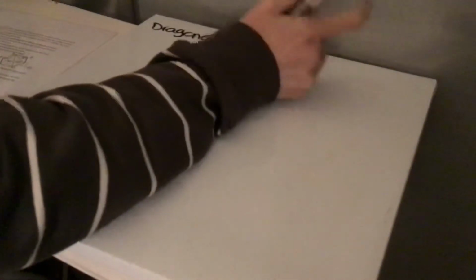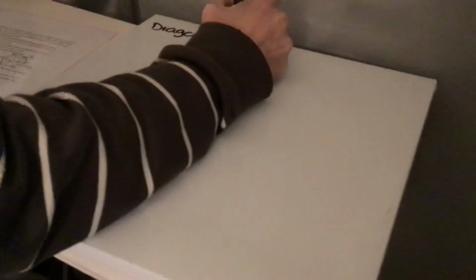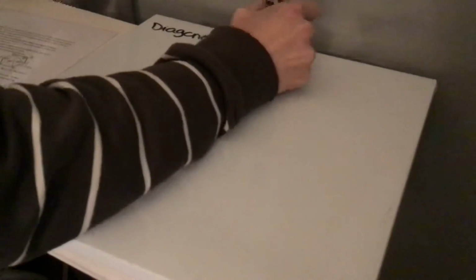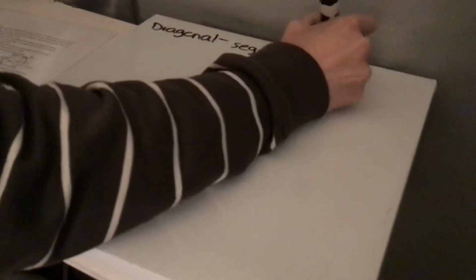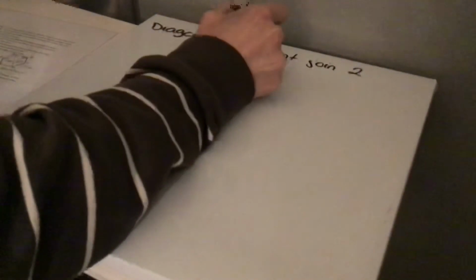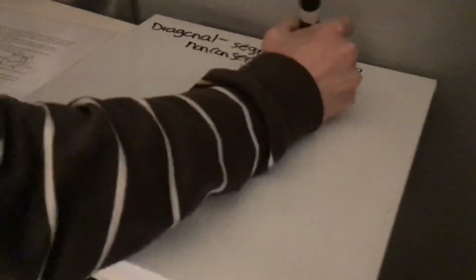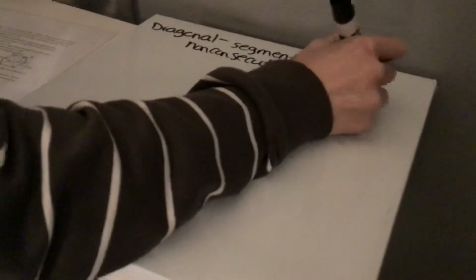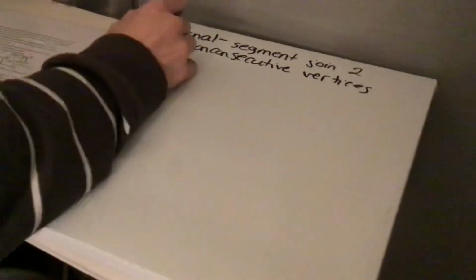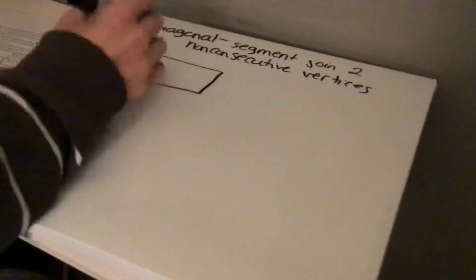Okay? With polygons, we have diagonals. And a diagonal is a segment that joins two non-consecutive vertices. So it's just meaning two vertices that aren't next to each other, okay? So quadrilateral, right?